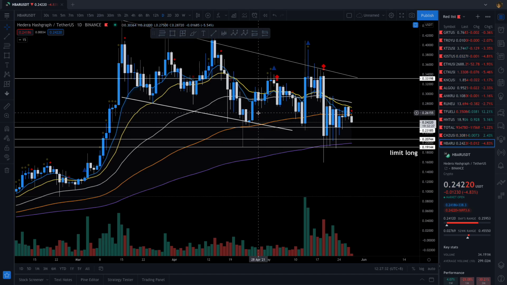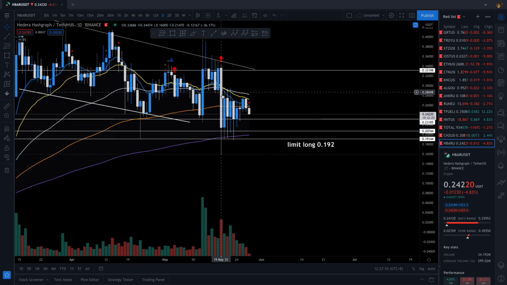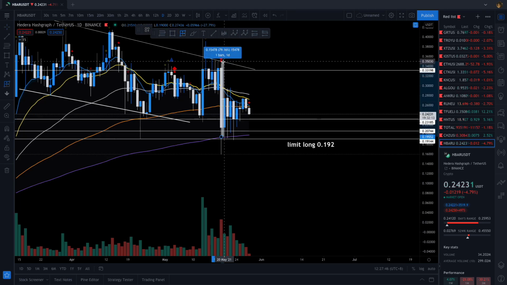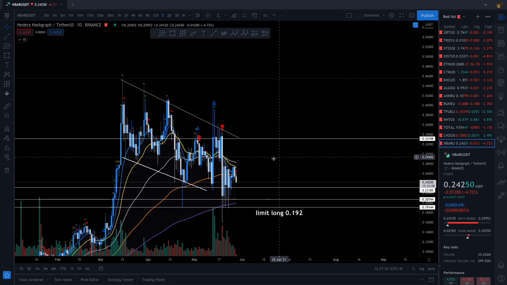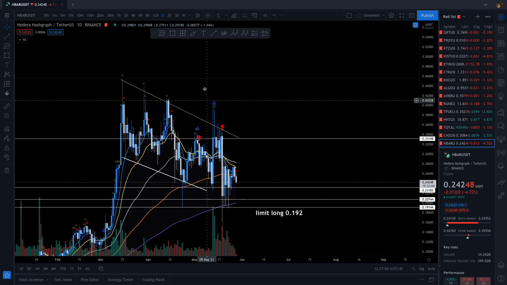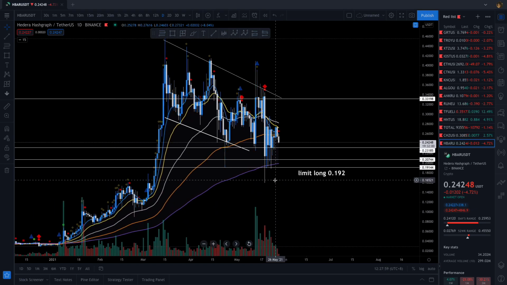I don't exactly remember when I called it, but I do remember that the price came right down to this level. We longed the exact bottom, and then we went up by like 80% right here.